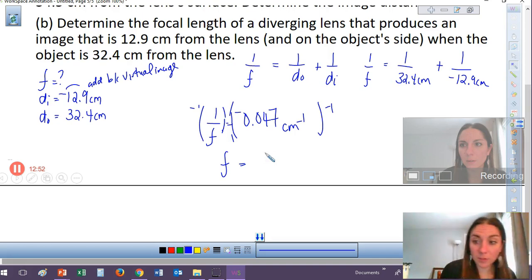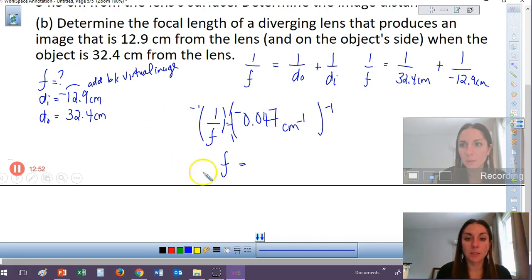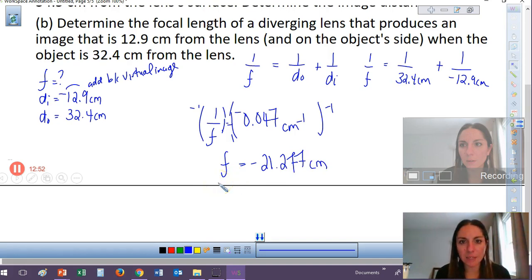Oops. Sorry. I'm going to just redo my calculation really quickly. Negative 21.277 centimeters.